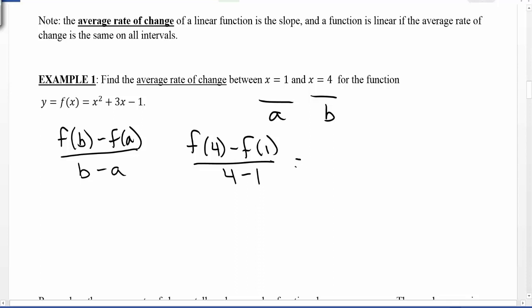Now, since I don't have a graph here, I'm going to be finding my y values by plugging my x values into my function. So here, when I plug in a 4, I'm going to have 4 squared plus 3 times 4 minus 1. So when I crunch that number, I'm going to get 27.